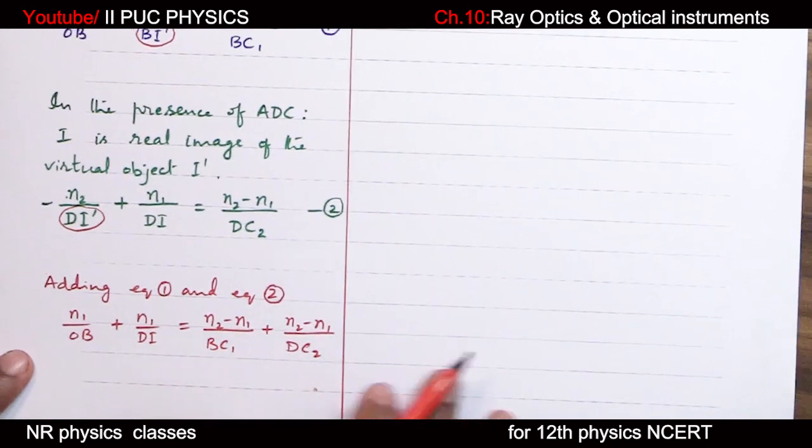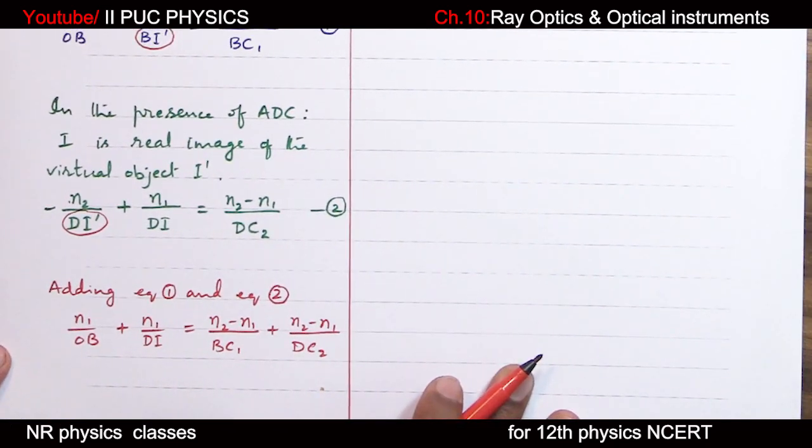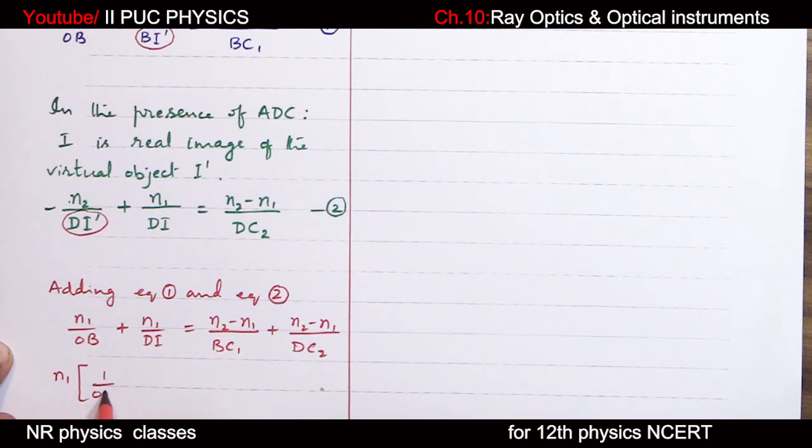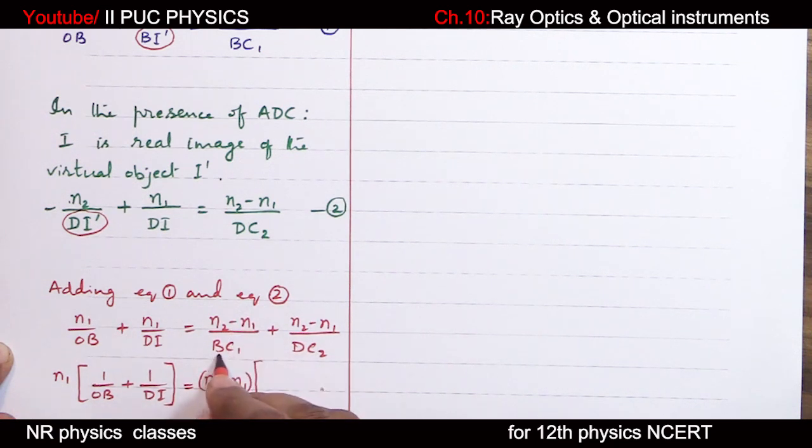N1 common factor. One by OB plus 1 by di equal to, here N2 minus N1 is a common factor, 1 by BC1 plus 1 by dC2.